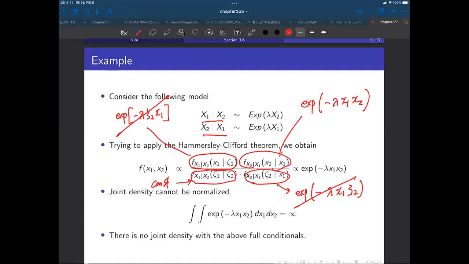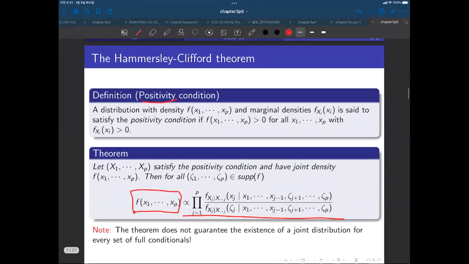So the point here is one caveat of the Hammersley-Clifford theorem. The Hammersley-Clifford theorem does not say that conditional.